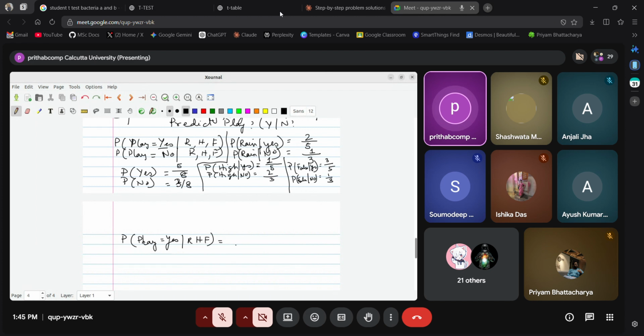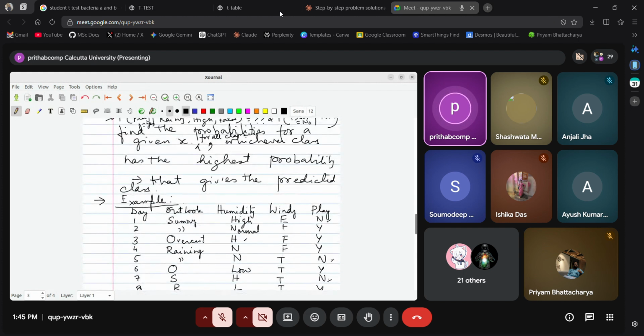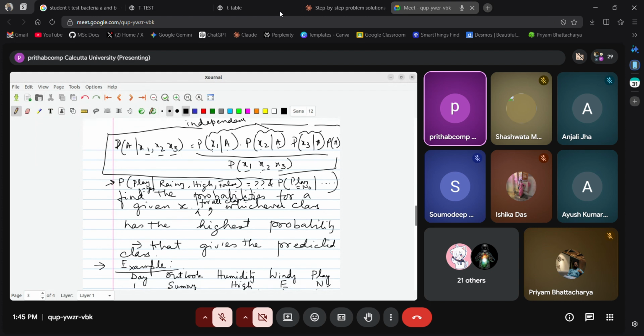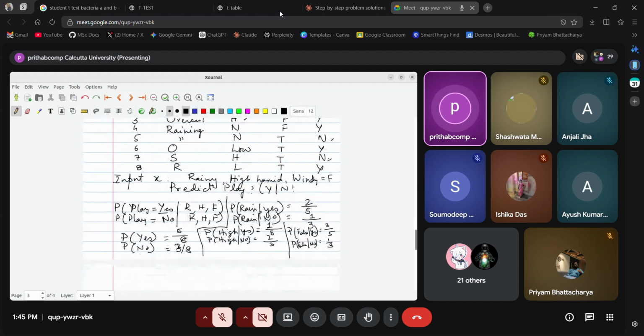So probability of yes, below it is going to be 5 by 8, and above we are going to have all these multiplications according to this formula. So probability of x1, x2, x3, this is x1 given a, x2 given a, and then probability of happening of this a.